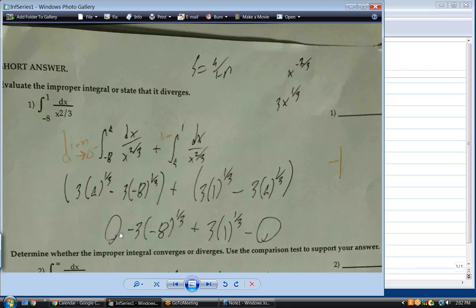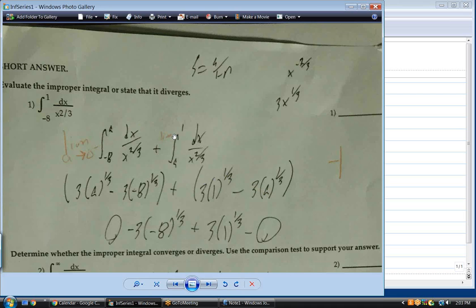And you get plus 3 times the cube root of 8. Well, the cube root of -8 is -2, and -3 times -2 is 6, plus 3. In other words, this quantity over here, the same thing happens.